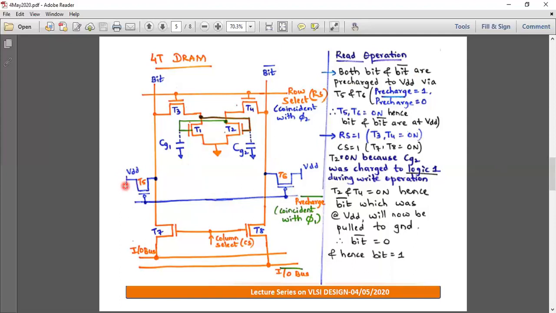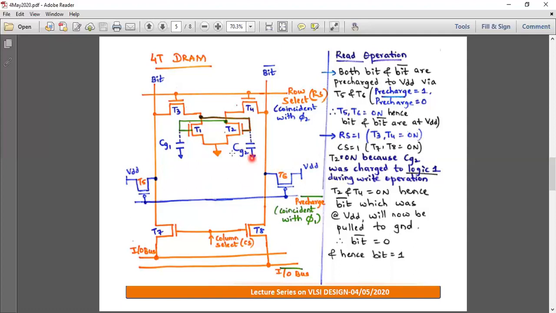Hence the VDD at T5 transistor will now be available on the bit line. Similarly, bit bar will also be at VDD because T6 transistor is on. Hence both bit and bit bar are charged to VDD via T5 and T6 transistors.